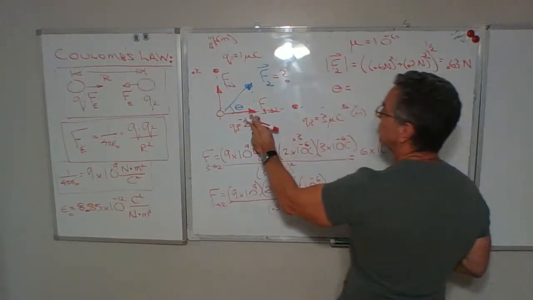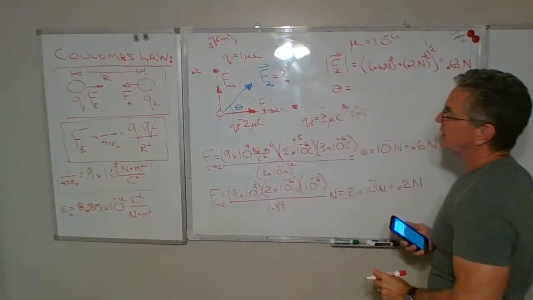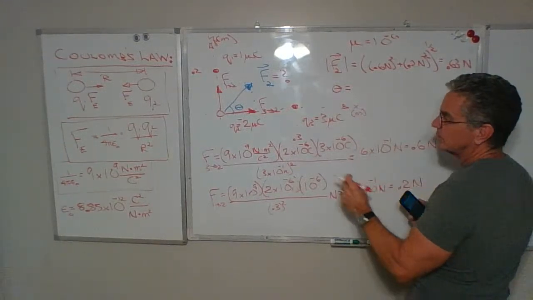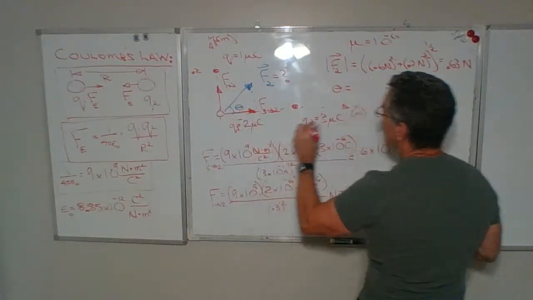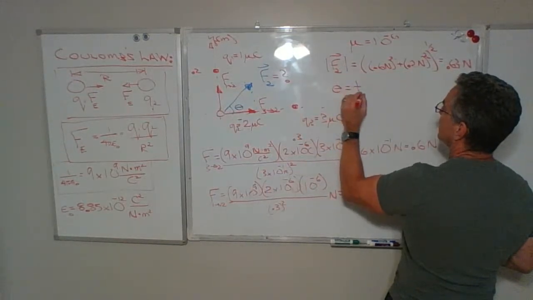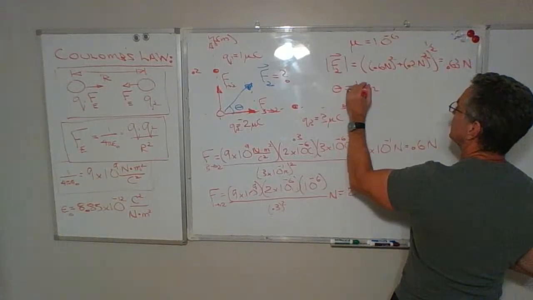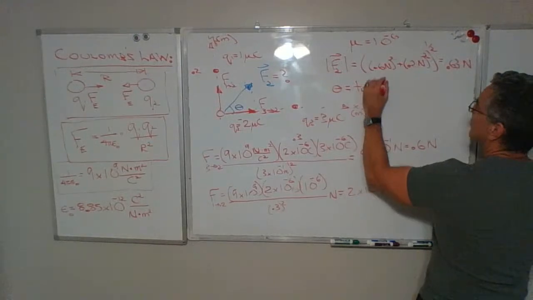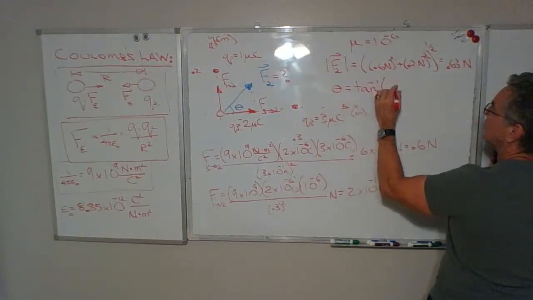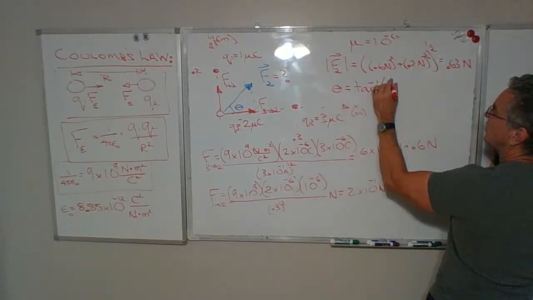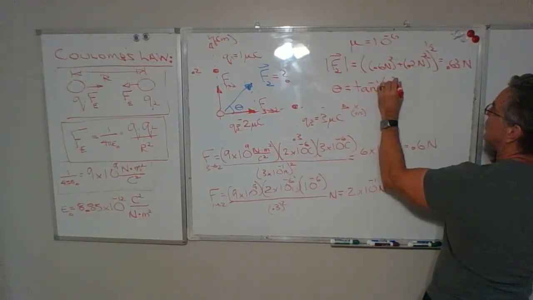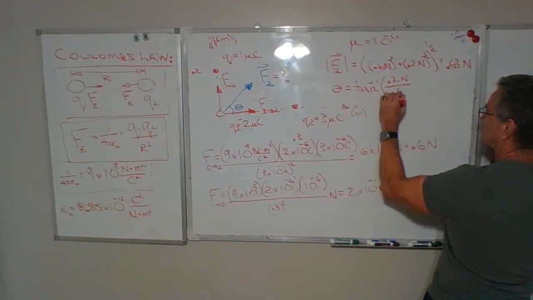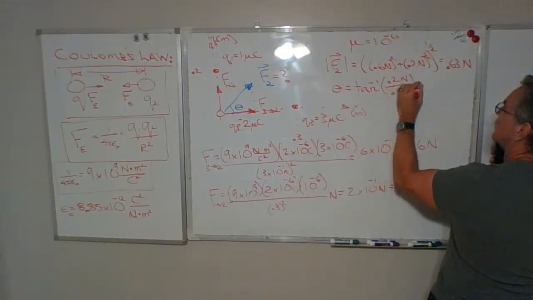Okay, 0.63 newtons. And now the angle that it makes, theta. What angle does this vector make with the positive going x-axis? Well, we know this side, we know this side, so you can use the tangent equation because you know the opposite, you know the adjacent side. And if you're interested in the angle, you take the inverse tangent of the opposite over the adjacent, so that would be 0.2 newtons divided by 0.6 newtons.